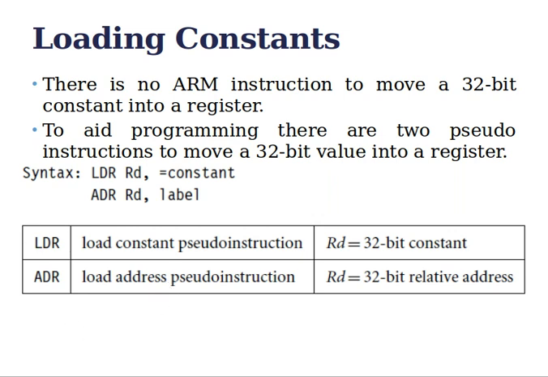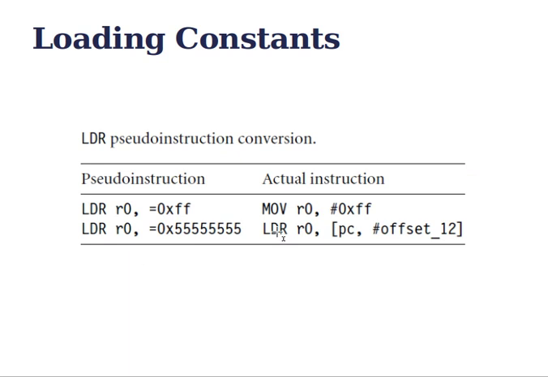To give you an example, we have one here. LDR R0, equal to 0xFF, whose equivalent instruction is like this. There is no major change, except that there is an equal sign here and a hash here. You're moving an immediate value FF to R0. This is well within the range of the move instruction.